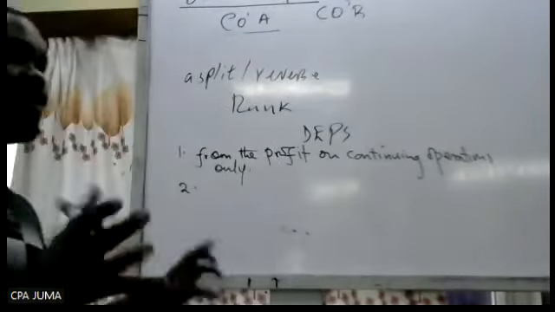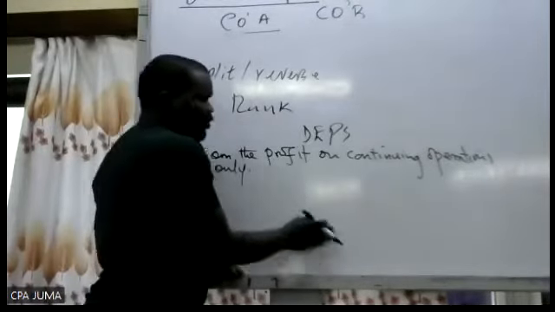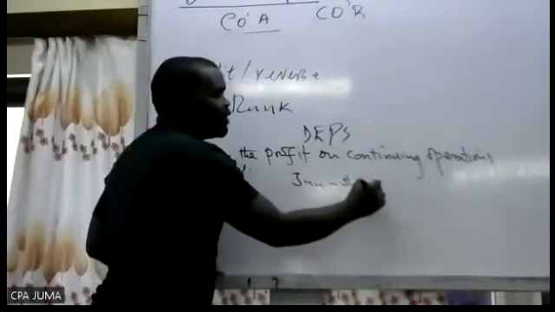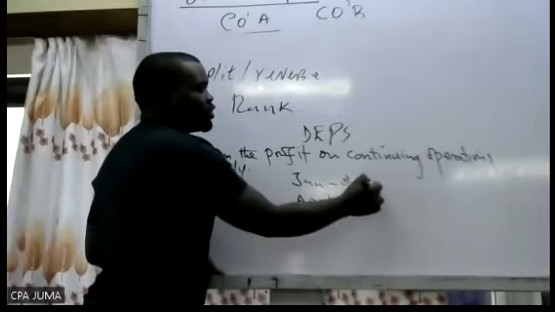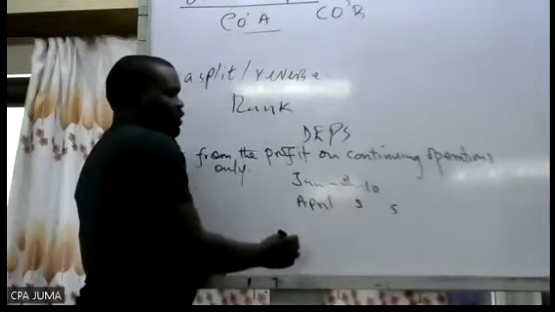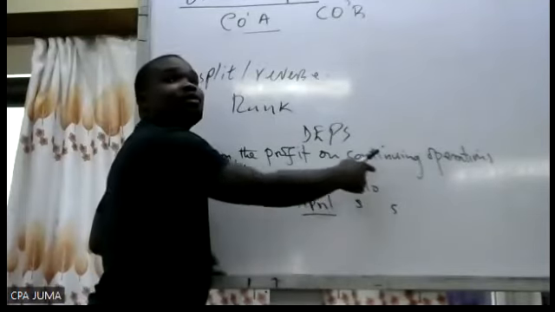The examiner has ways of confusing you. When we started in January, shares had a par value of 10. In April, you were told to split them, so 1 of 10 becomes 2 of 5. Any shares which come after April cannot come with a par value of 10.